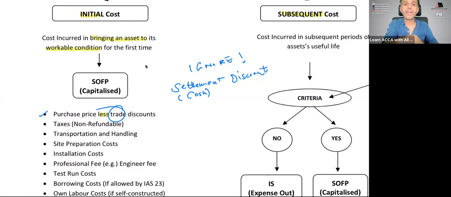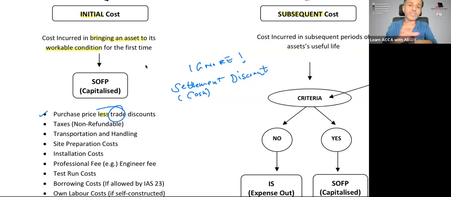That's the reason why, while computing the initial cost, it cannot be considered. Because the confirmation of that discount usually comes a certain number of days after the purchase, 30 days after, 40 days after. So while working out the initial cost, it cannot become part of the cost computation, or the initial price determination.